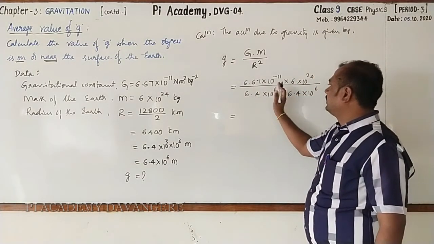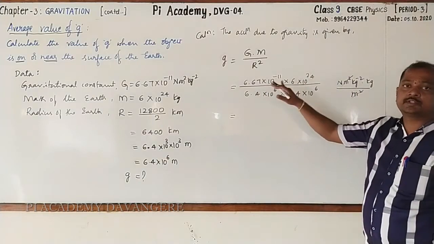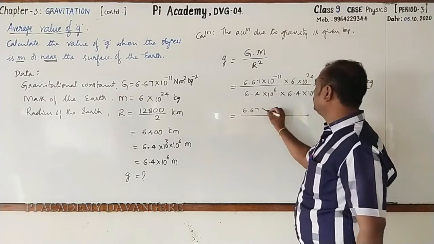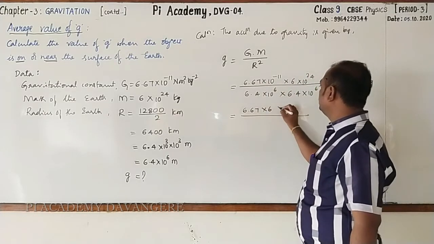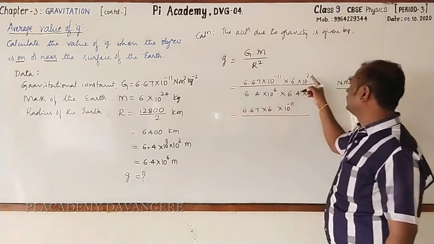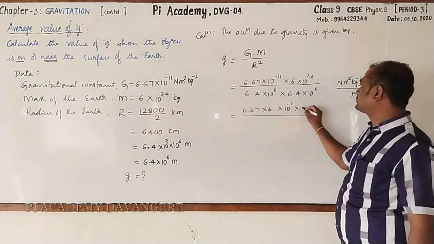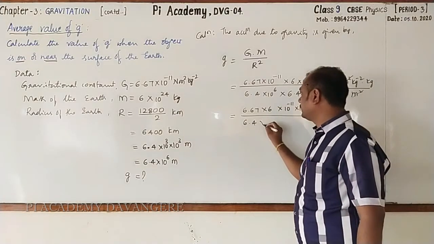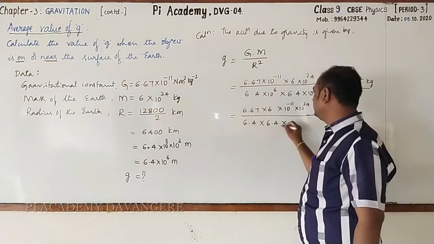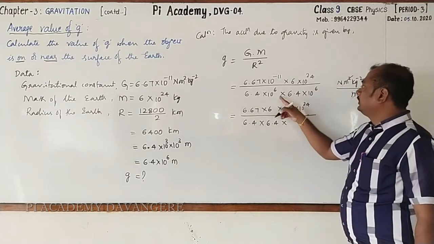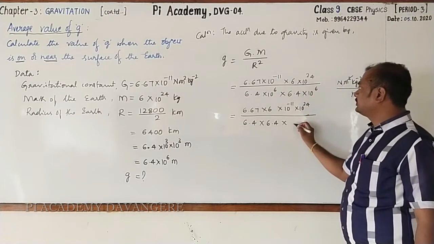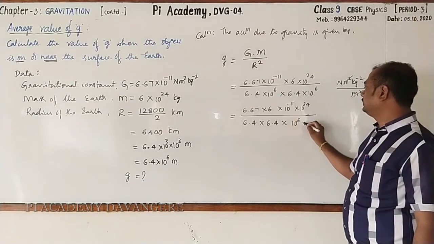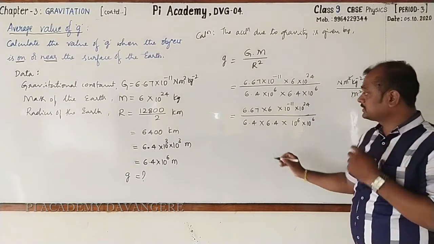here first write all the decimals on one side and exponents on the other side. Here 6.67 × 6 × 10^-11 × 10^24, whole divided by 6.4 × 6.4 × 10^6 × 10^6.